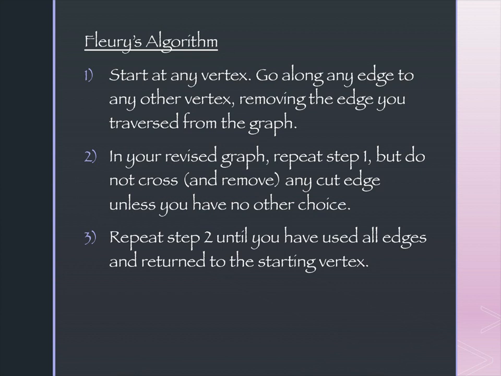Yours is printed on your paper or on the iPad that you're using, so scribbling over them will work. In your revised graph, you repeat step 1, but you do not cross and remove any cut edge unless you have no other choice. So we're avoiding the cut edges unless we have no other choice. And we repeat step 2 until we have used up all of our edges and returned to the starting vertex.